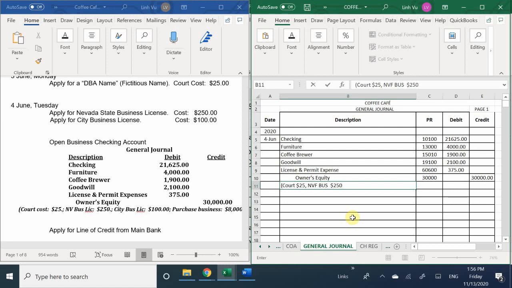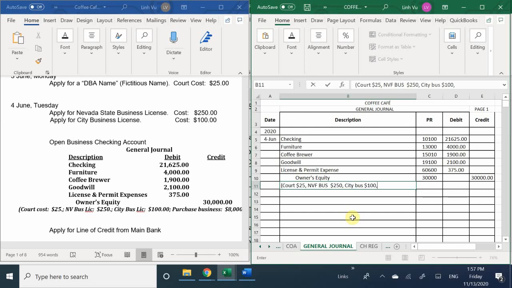And I also want to do city license, city BUS for 100. And then lastly, you also purchased the business in total for $8,000, right?